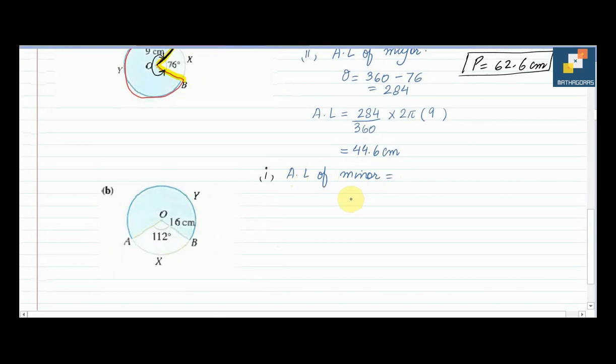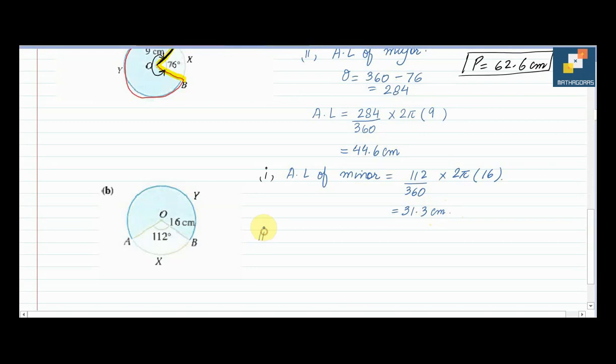Now the minor arc length is angle, that is 112, divided by 360 multiplied by 2 pi r, and r is 16. If you solve it, 112 times 2 times 3.142 times 16 divided by 360, that is 31.3. So the arc length is 31.3 centimeter, right?